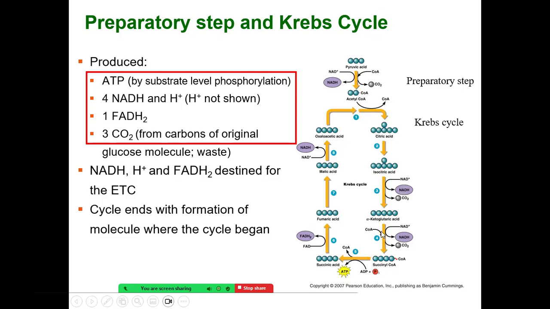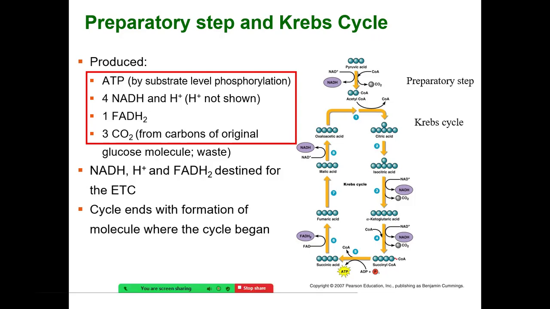The Krebs cycle will perform in your cells, and that happens for as long as you are alive. Any question about any of that? All right, so that's why it's called a cycle.